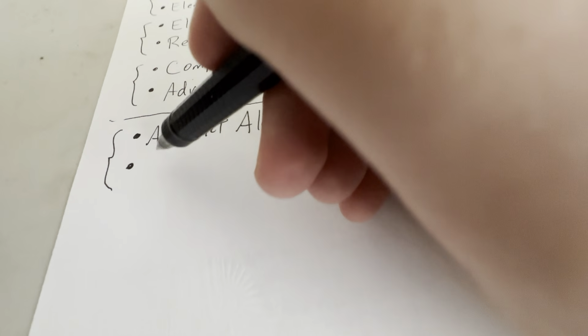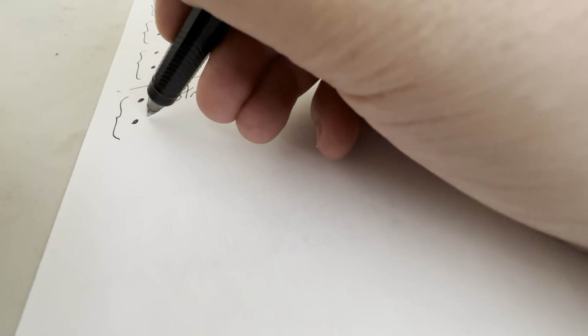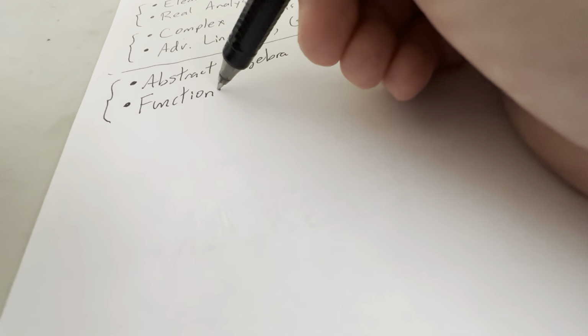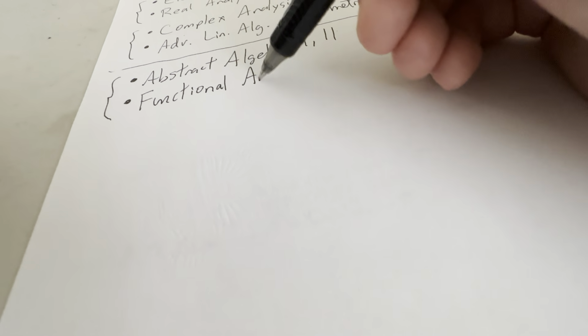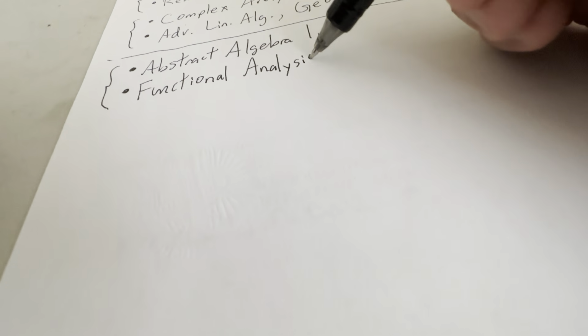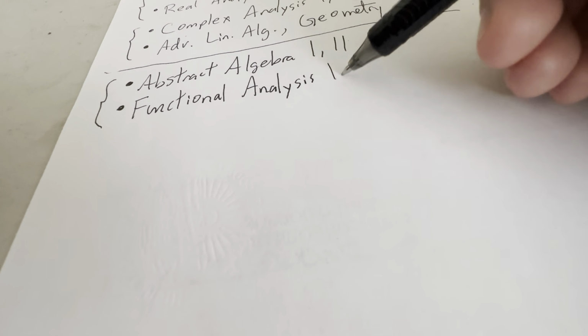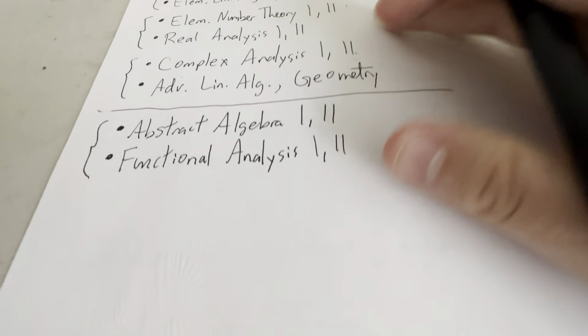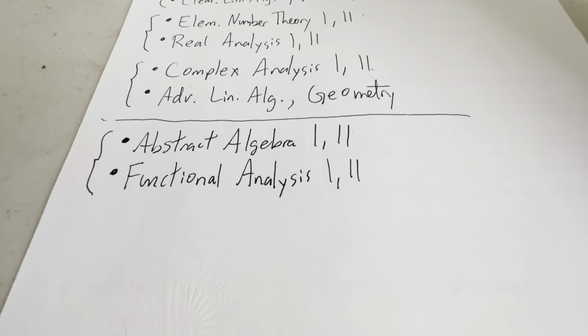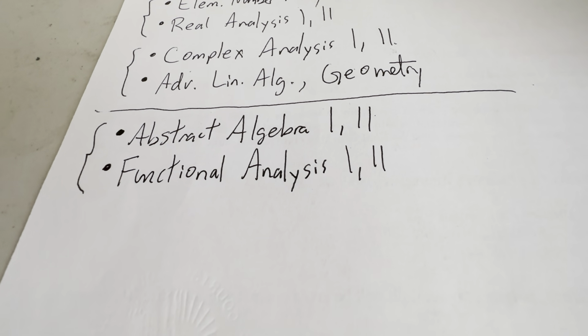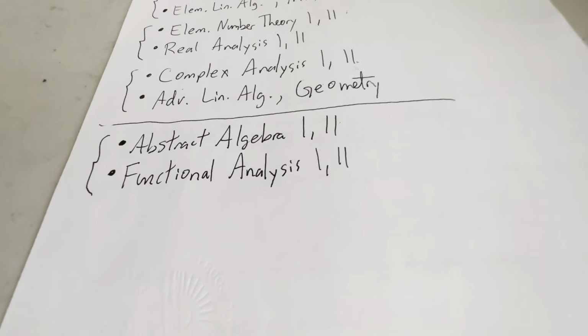And then pairing that, you have what I would recommend, and I'm kind of diverging from what other institutions do, but this was my recommendation. I would say functional analysis. What do I mean by functional analysis?